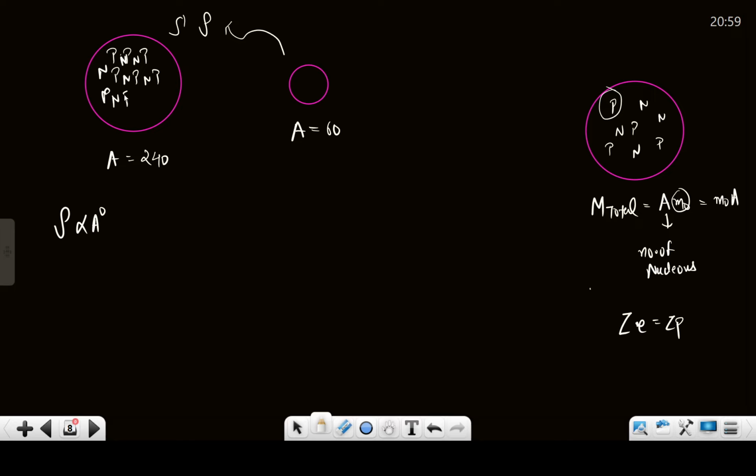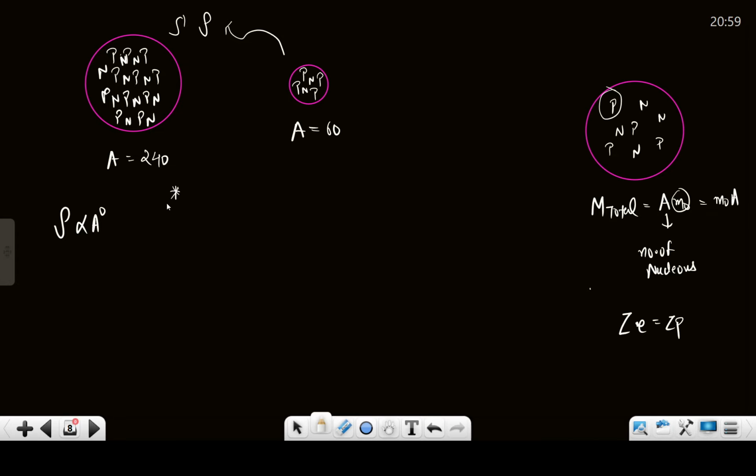It is not dependent on any kind of number. Basically, the density is A to the power zero. And in this, we are able to observe that this nucleus has fewer protons and neutrons, but possesses the same density as the bigger nucleus.